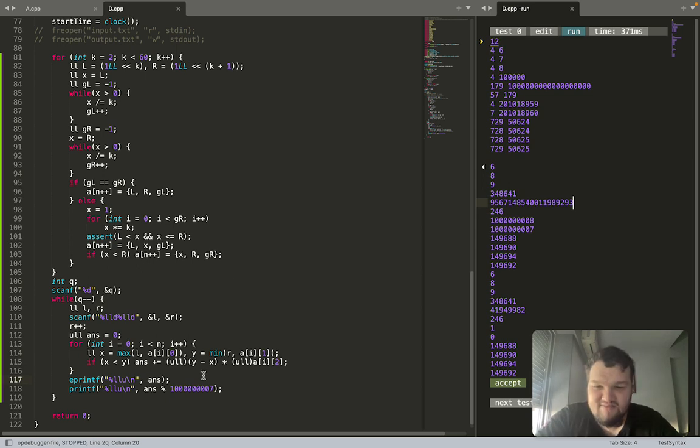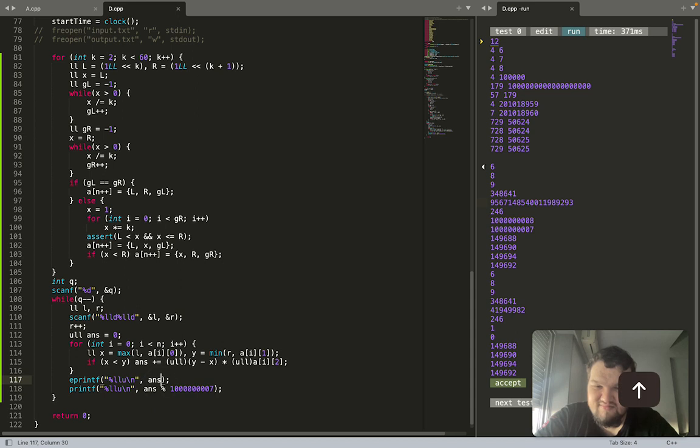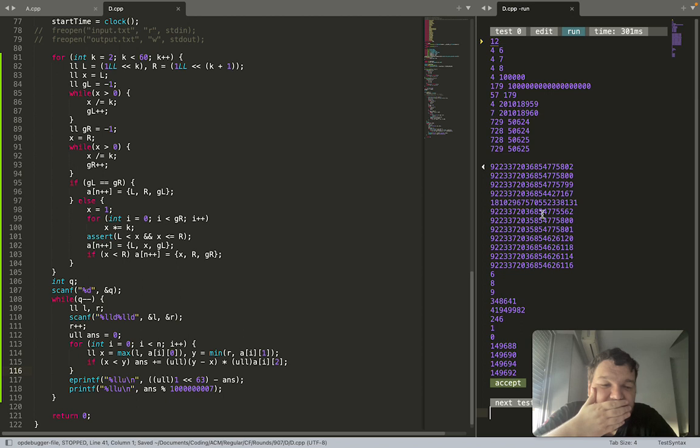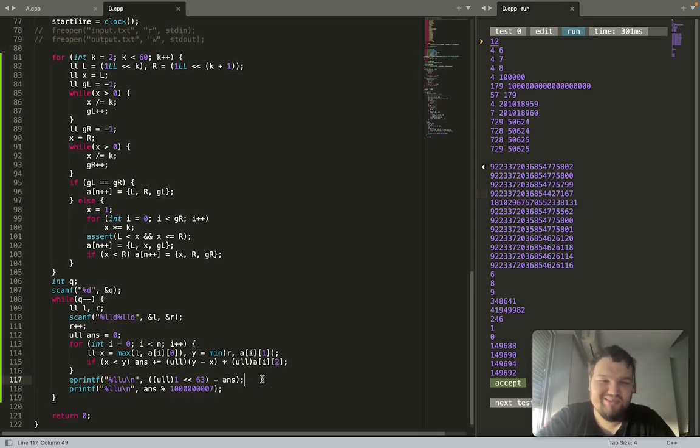Does it fit in? Yeah, it doesn't fit inside long long just by a little bit, but it fits inside unsigned long long.